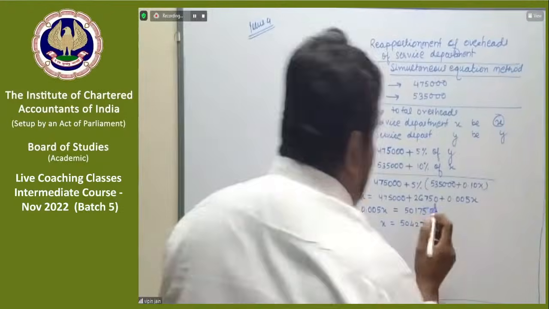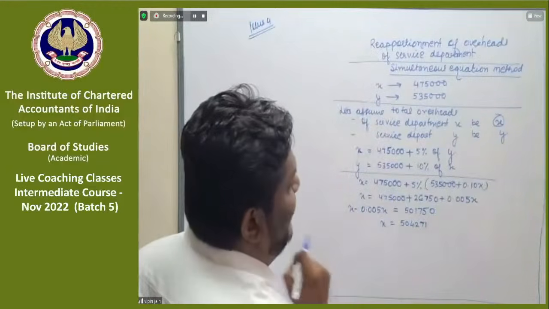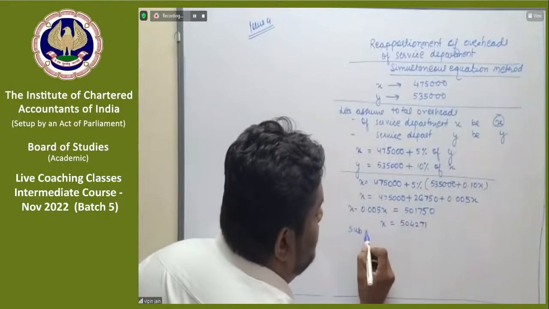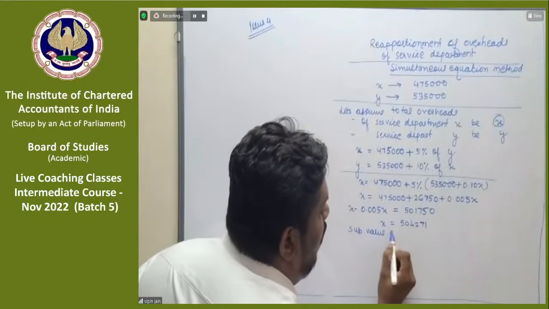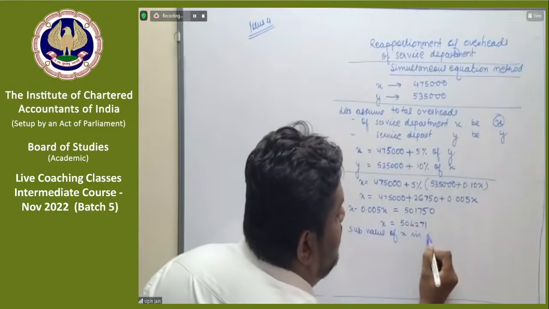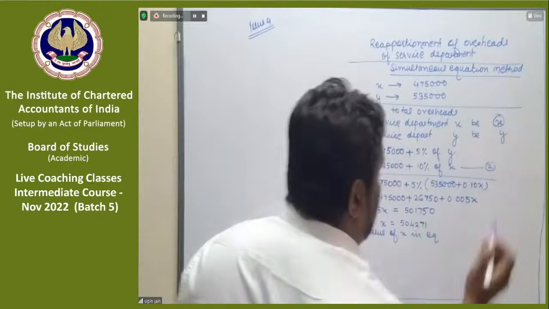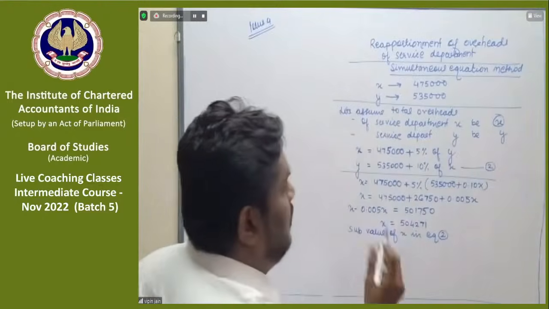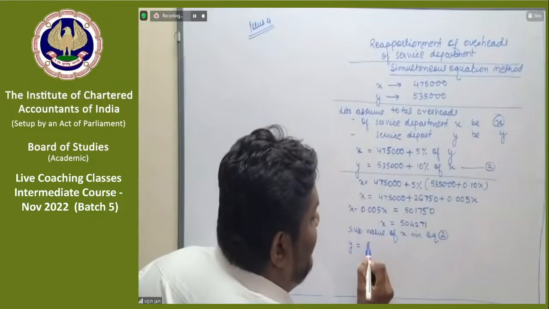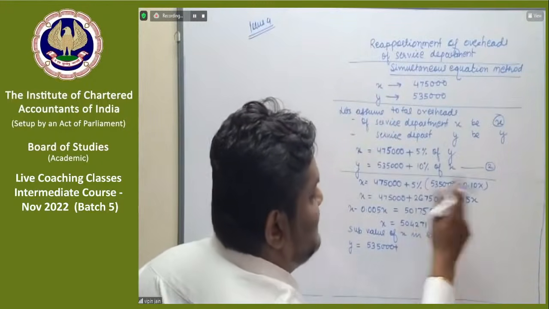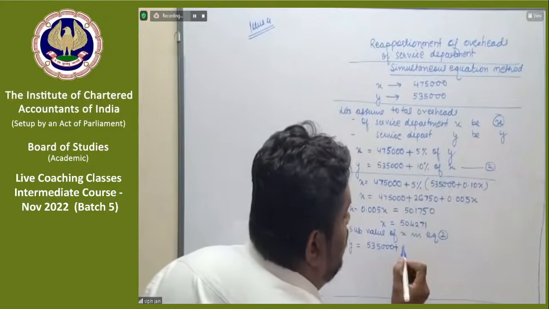Now substituting the value of x in equation number 2, y will be equal to 5,35,000 plus 10% of x, that is 50427.